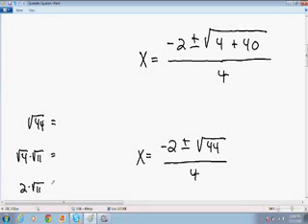So the square root of 44 can be simplified as 2 times the square root of 11. If you don't know how to simplify square roots, I have a video about simplifying square roots that I highly suggest you watch. I don't want to spend too much time on that because I'm trying to teach the quadratic formula. But you always want to simplify as much as possible.